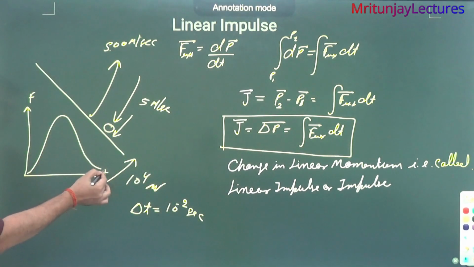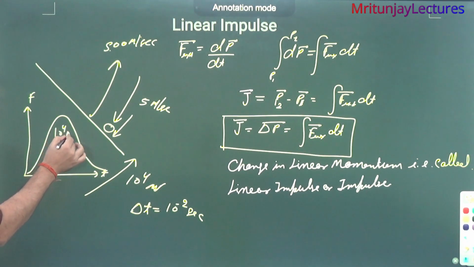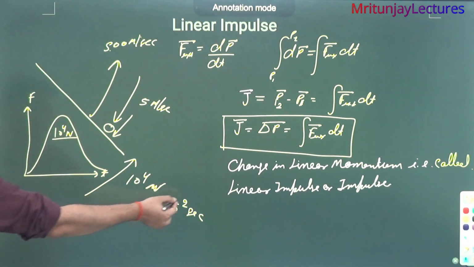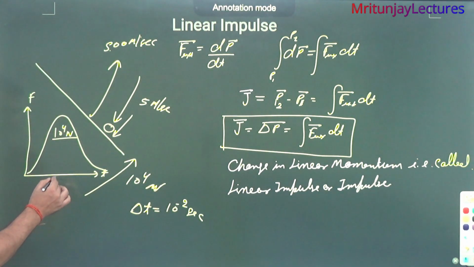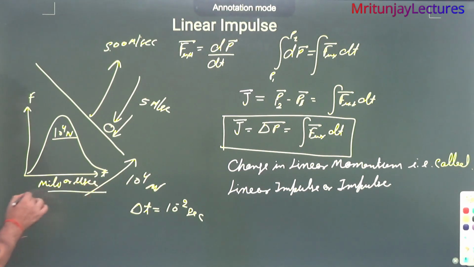Force increases and then suddenly decreases. A force of 10 to power 4 Newton hits the ball for a contact period of 10 to power minus 2 second or even less, in milliseconds or microseconds.